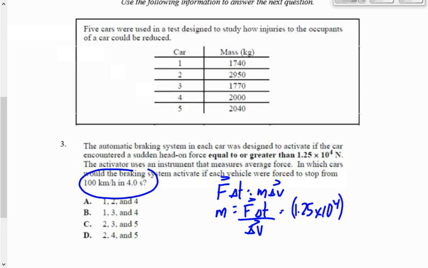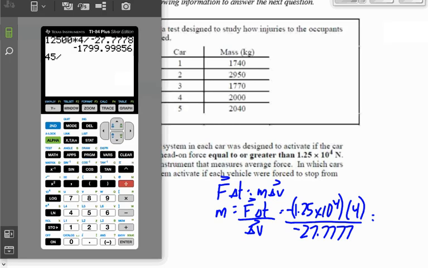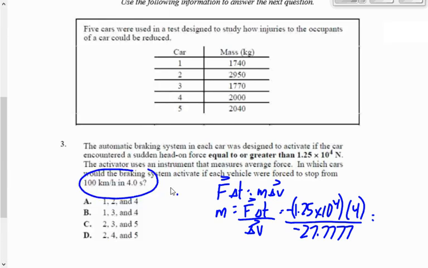The threshold force, we'll call it. The time is 4 seconds divided by 27.7777. Actually, the force is negative, and so is the change in velocity. It gives me a mass of, I think it was 1,800. I should calculate that. I think it was negative 1,800. I'm sorry, positive 1,800.